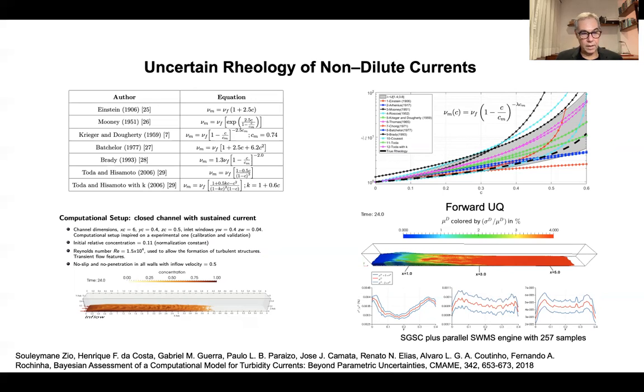And this, you can see a picture of the current. And here we are seeing the average deposition computed by our workflow engine using stochastic Galerkin SC with 257 samples, and you see in red the average deposition and two standard deviations above and below for this solution.